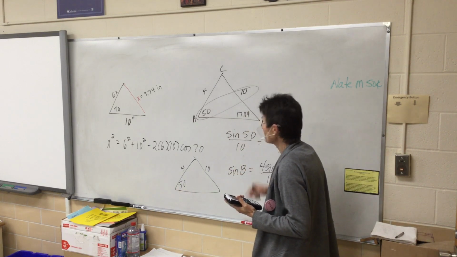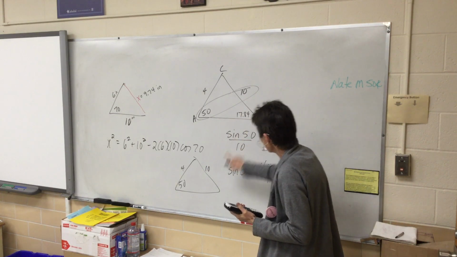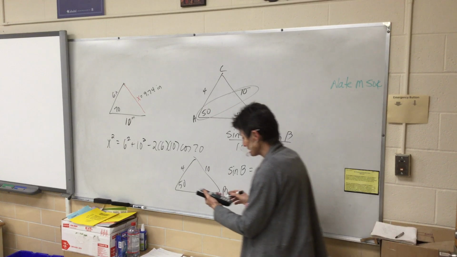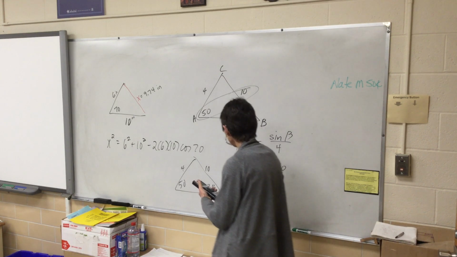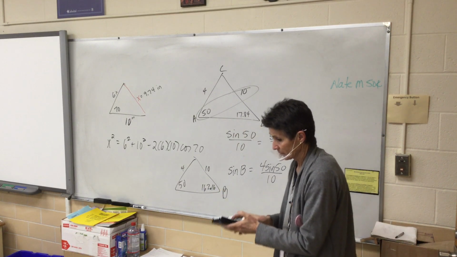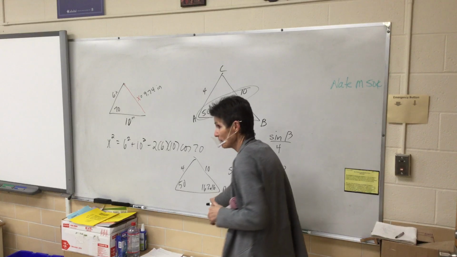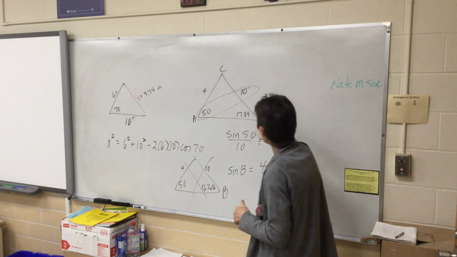If there is another triangle that fits this given data, the other angle B will be 180 minus the first one. So it'll be 162.16. Would a triangle like this be possible? No. So there's one possible triangle.